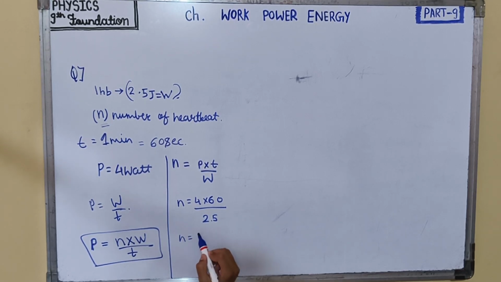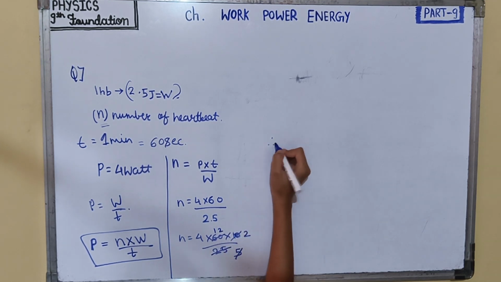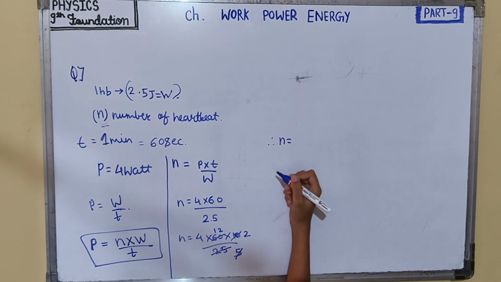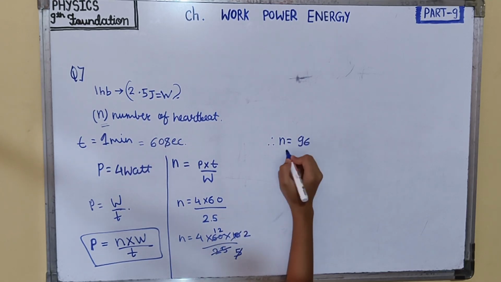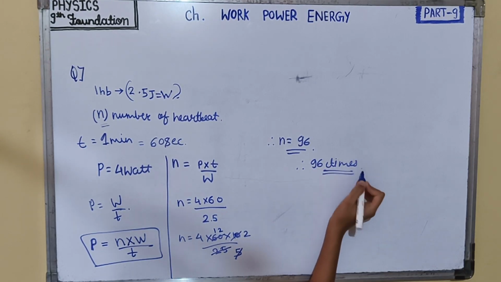So N would be equal to 4 into 60 into 10 by 25, after removing the decimal point. 5 twos are 10, 5 fives are 25, 5 twelves are 60. Therefore, the value of N is 4 into 12 into 2, that is 96. Therefore, the number of heartbeats in 1 minute would be 96.